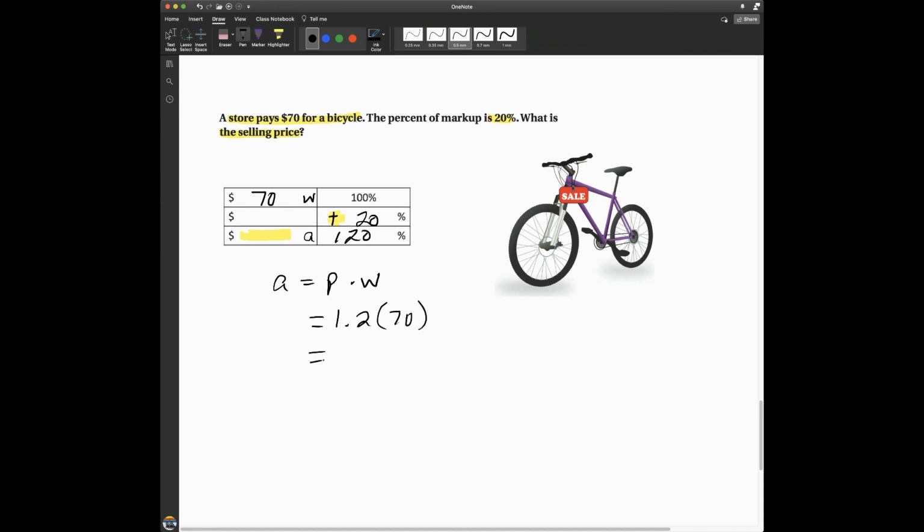We put that in our calculators and we get 84. Okay, so the selling price of this bike is $84. That's a pretty good deal for a bike. It's kind of a cool bike too. I kind of like it. Anyway, so that's how we can use this table to calculate markups.